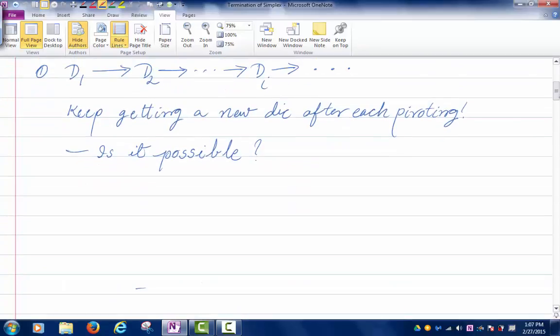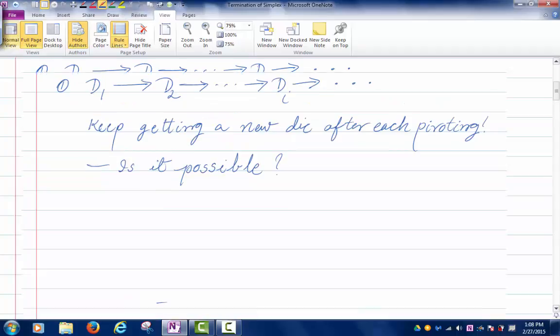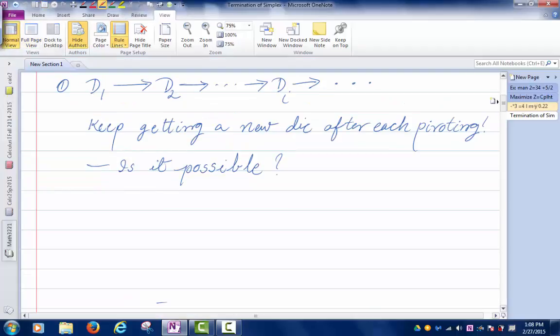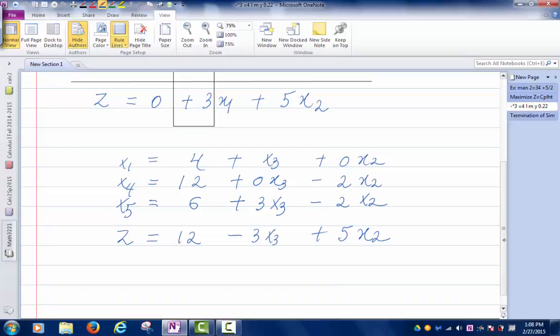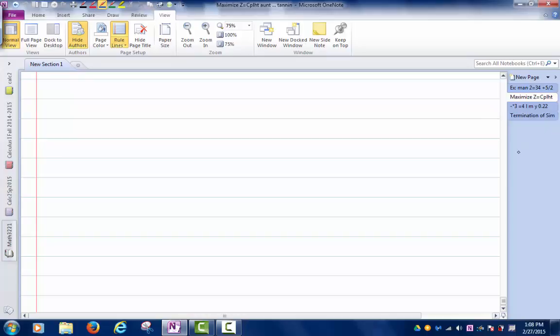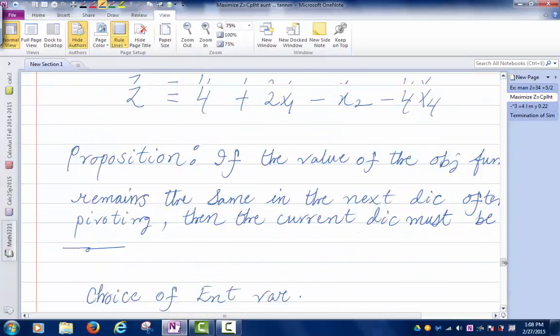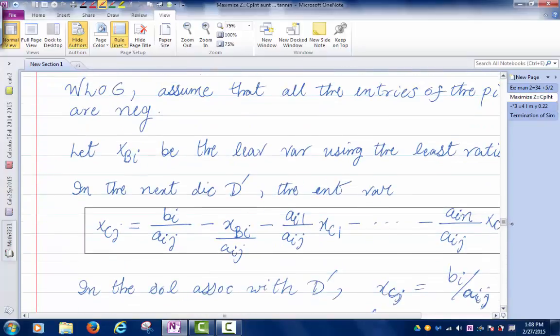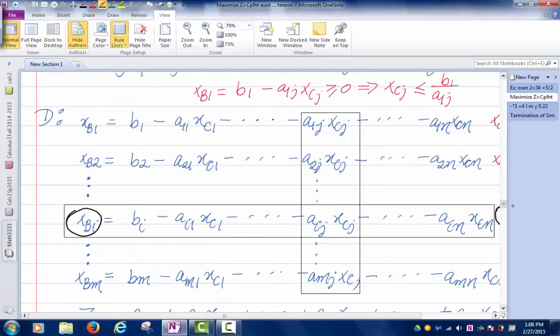Now let's actually think about how many dictionaries there are. What is a dictionary? Let me go back to the original. So this is a dictionary.